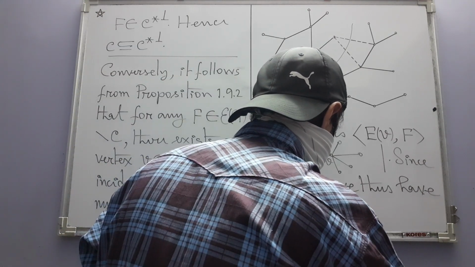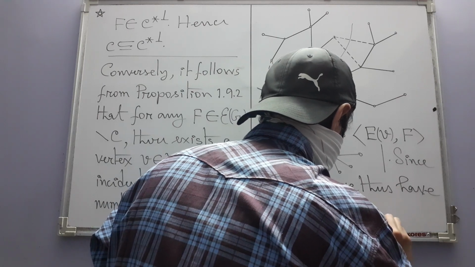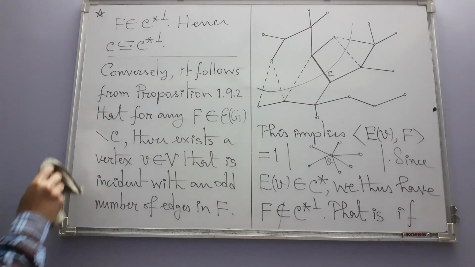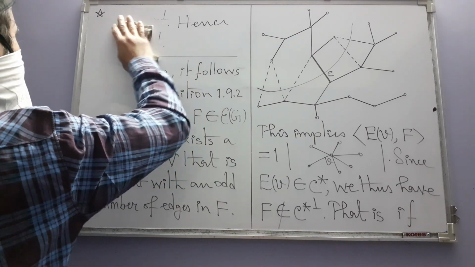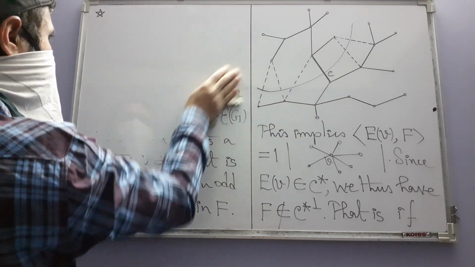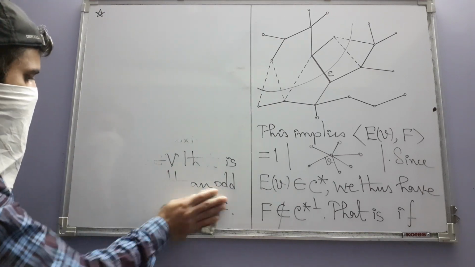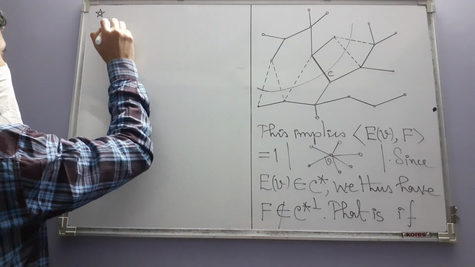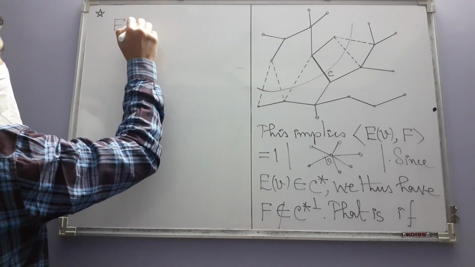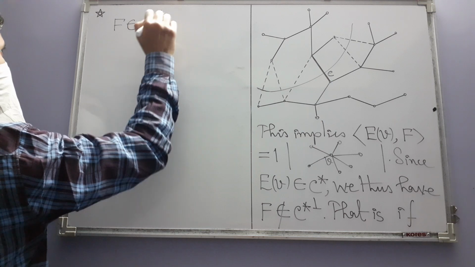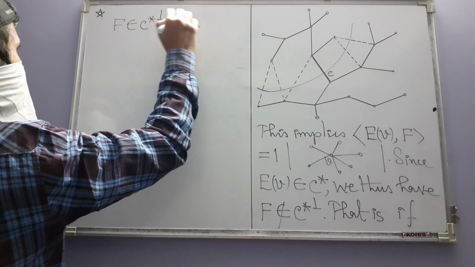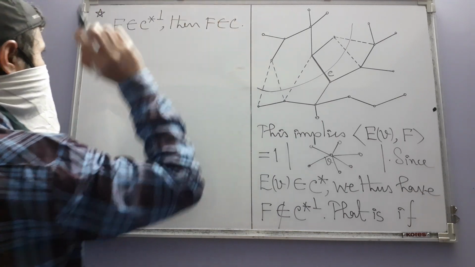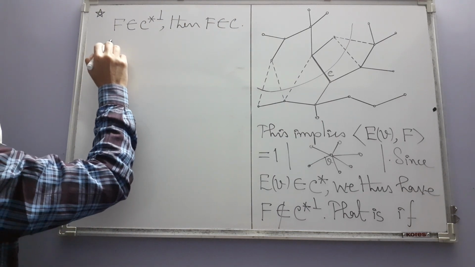That is, if F belongs to the orthogonal complement of the cut space, then F belongs to the cycle space.